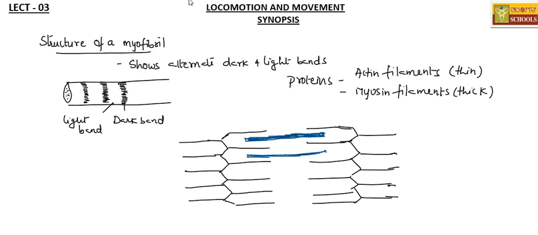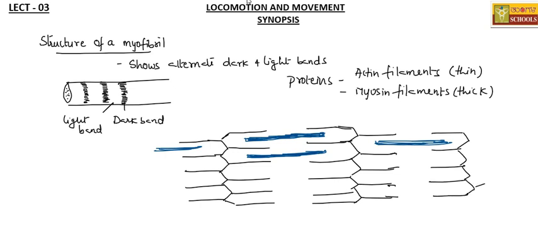You can see here this is the myosin filament. Here also you will see the myosin filaments. It will continue through the myofibril. Here I am not showing the whole thing.